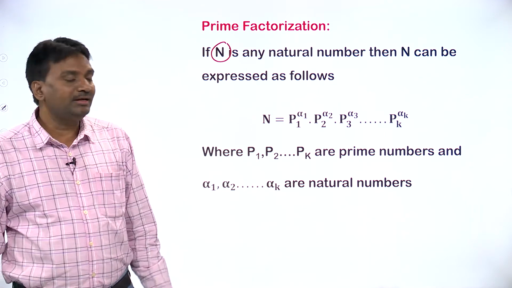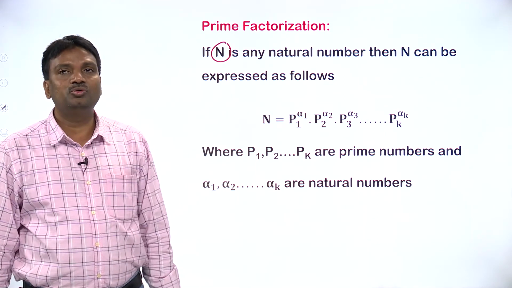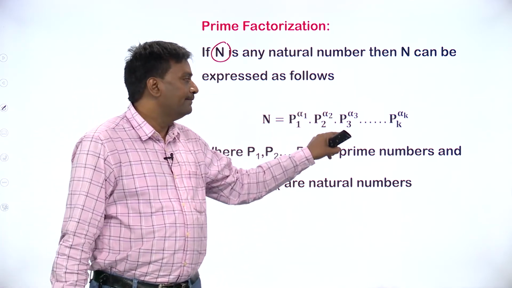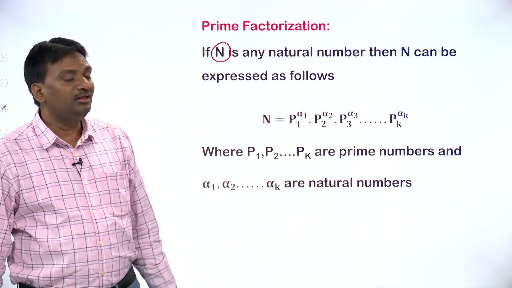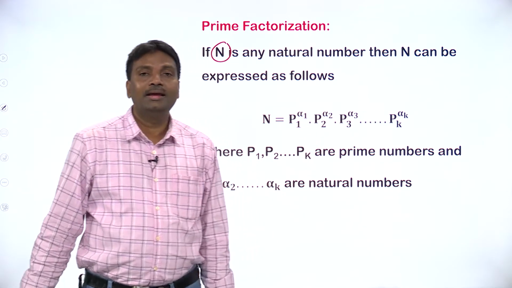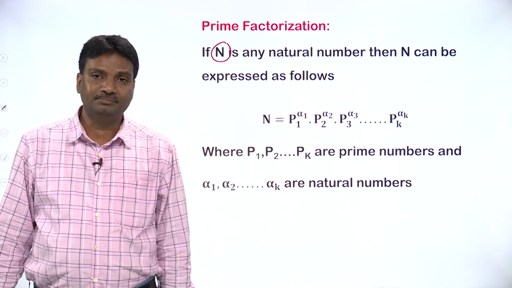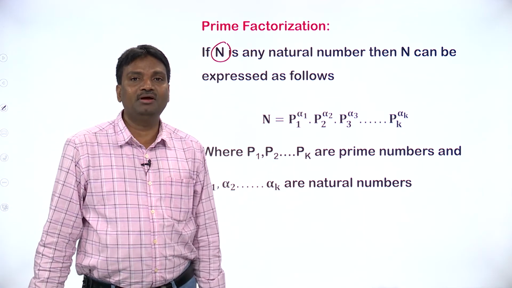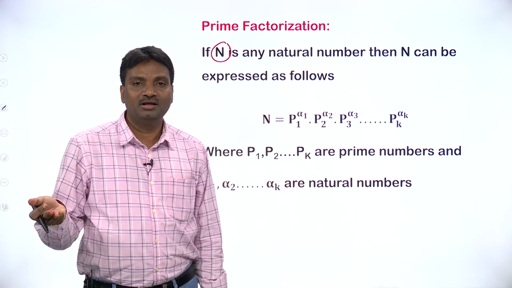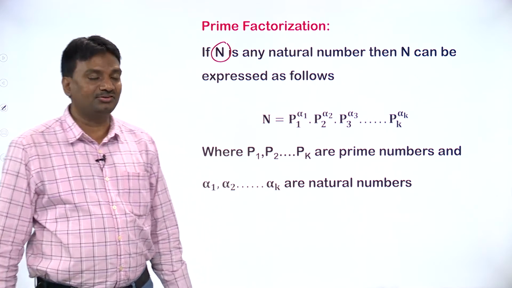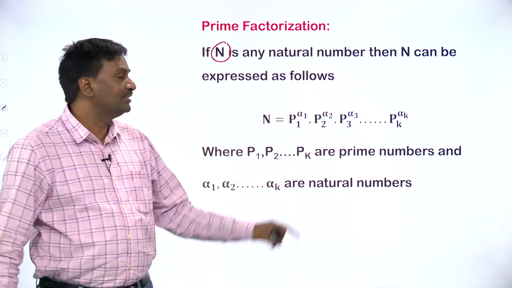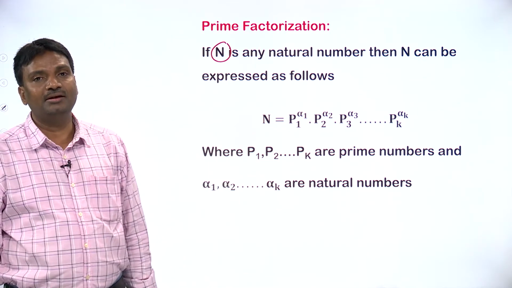We can express that N like this: N equals p1 power alpha 1 into p2 power alpha 2 into p3 power alpha 3 into p4 power alpha 4 and so on, into pk power alpha k. By observing this expression, the bases p1, p2, p3, and so on up to pk are prime integers, and the powers alpha 1, alpha 2, alpha 3, and so on up to alpha k are natural numbers.